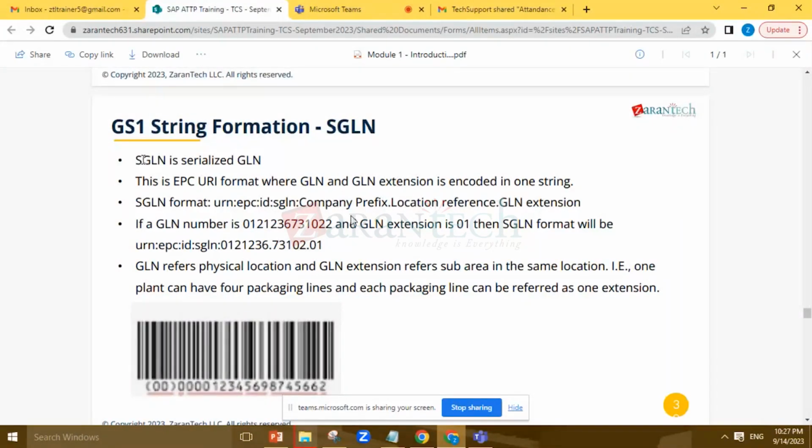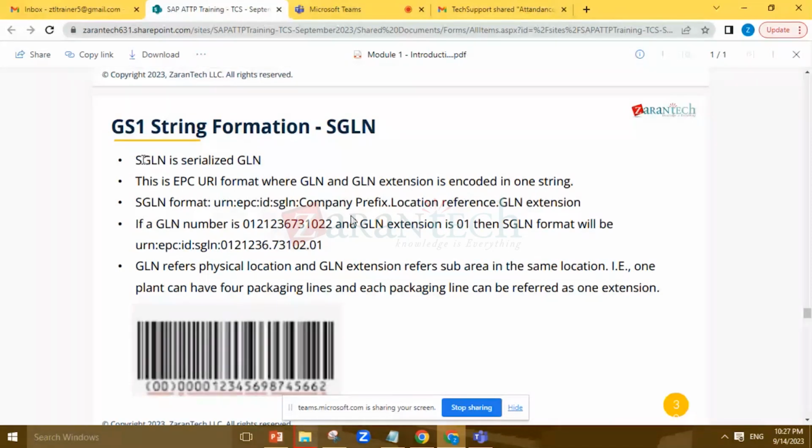So, serialized GLN. It is different because we are not going to paste a barcode on plants. But here, as I said, one plant can have different packaging lines.